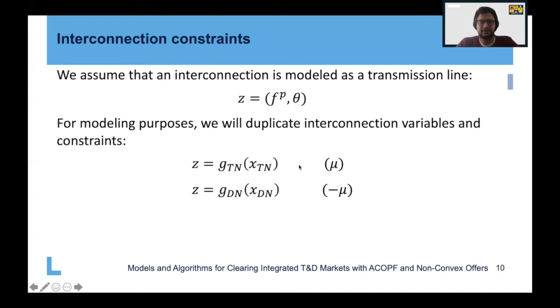Since Z will only appear in this constraint, and we will sometimes use the dual information of this constraint, we have the following relation between these two constraints via mu.